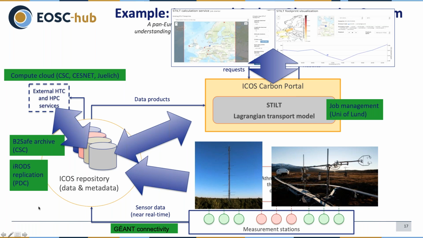It's replicated for fault tolerance reasons. It's staged to compute cloud resources, and then it's pumped to the carbon portal in the form of ready-to-use data products, which are displayed on various graphical interfaces. So these green boxes indicate the services and the partners that are participating from EOSC-hub in making this whole use case happen.